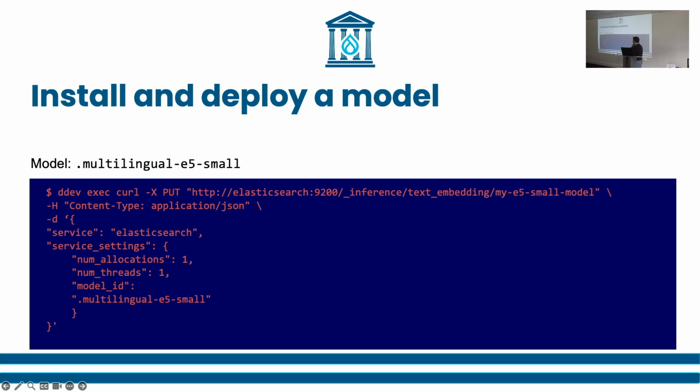I did, of course, while preparing for the English one, and because of its multilingual training, it can also be quite good with the English language, from what I have seen. So we run this curl command, and then we will have the model that we discussed before in our DDEV container. We need the model so that we can do the embedding translation.